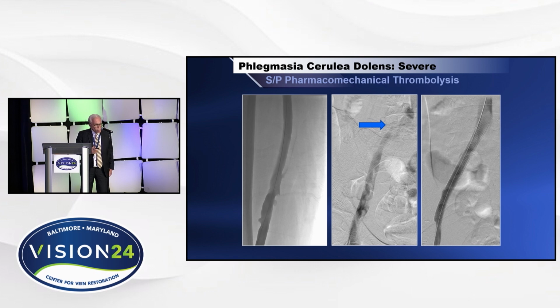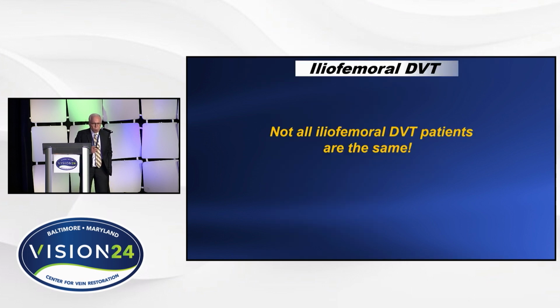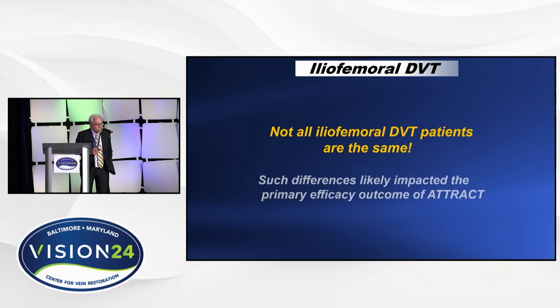And that responded very nicely, as you see in the final frame on your right, to venoplasty and stenting, and he did very well over long-term follow-up. But he wasn't in the trial because of our concern for his post-thrombotic morbidity should he be randomized to anticoagulation alone. So not all iliofemoral DVT patients are the same, and such differences likely impacted the primary efficacy outcome of the ATTRACT trial.